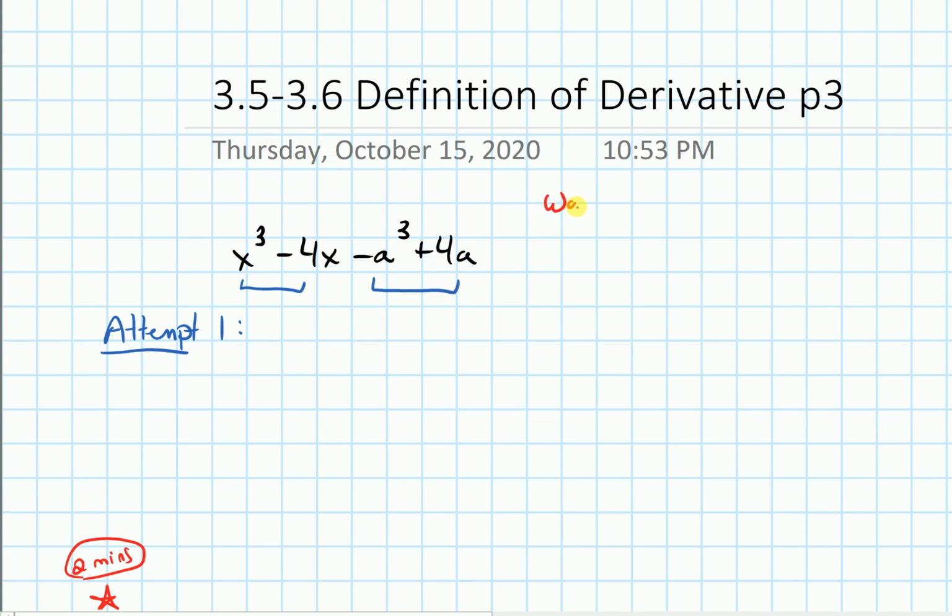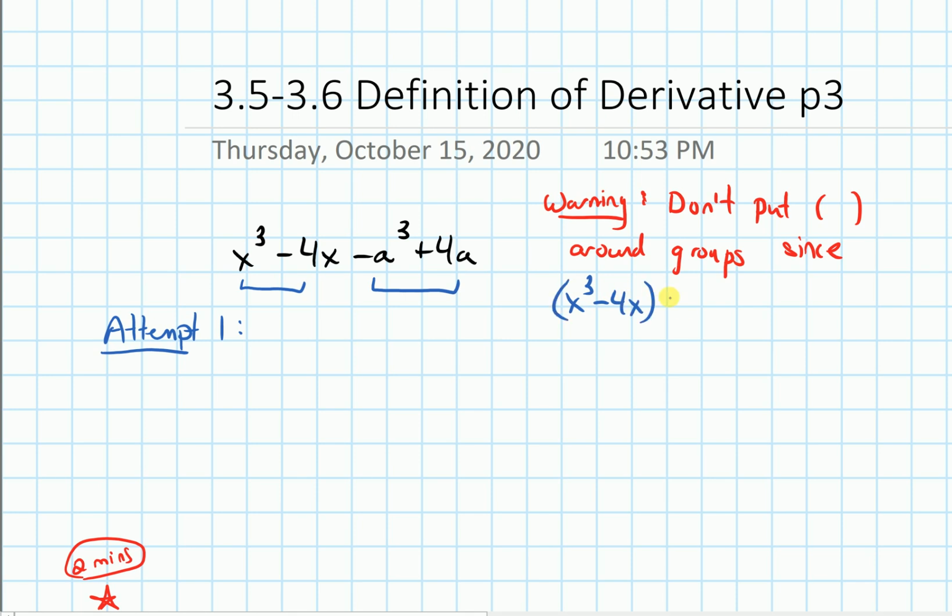So there's one important warning that I want to give about factoring by grouping, which is don't put parentheses around the groups. Since if we do that, we'd have x cubed minus 4x in parentheses and then times negative a cubed plus 4a.